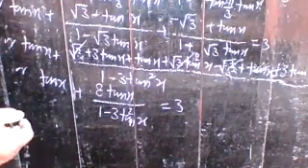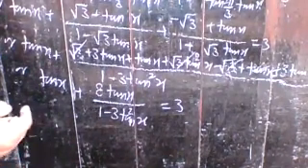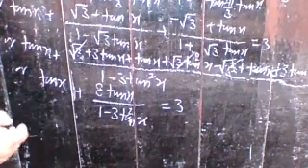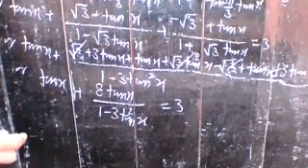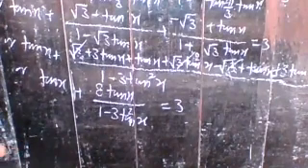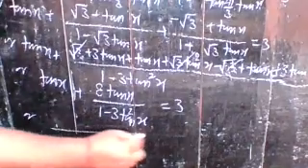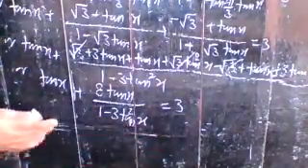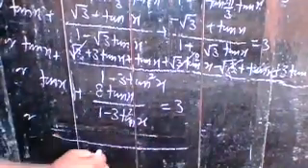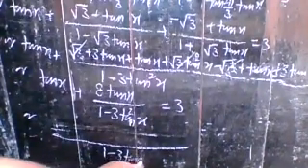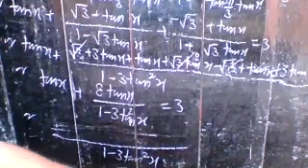Now you take the LCM again. Now if you are taking the LCM, your LCM is 1 minus 3 tan square x.